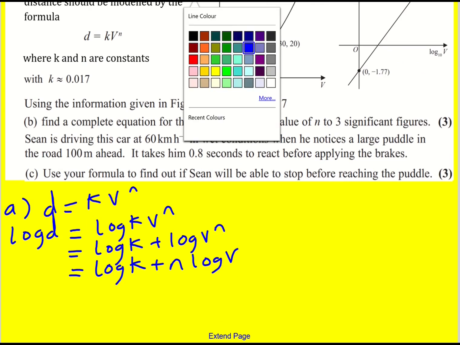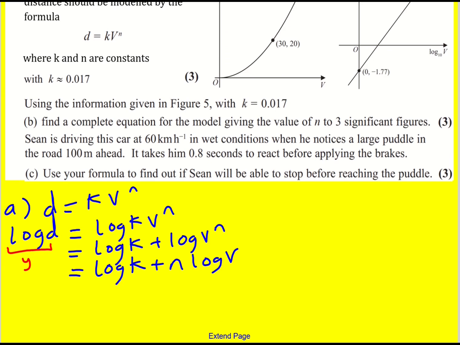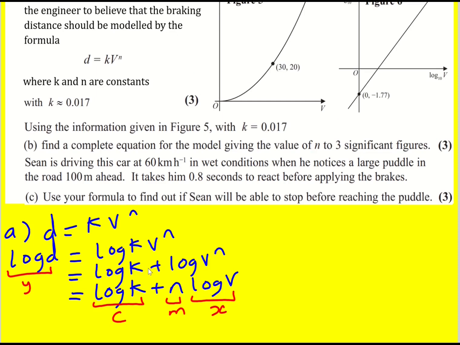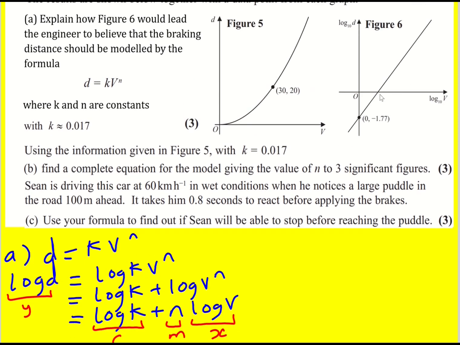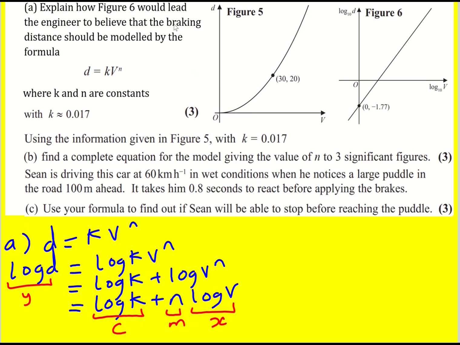This, in fact, is in the form y equals mx plus c. This is my y that I've plotted along the y-axis. This here is my x, this is my m, and this is my c. So because we get a straight line in figure 6, that is enough to say that the distance can be modeled by that formula.